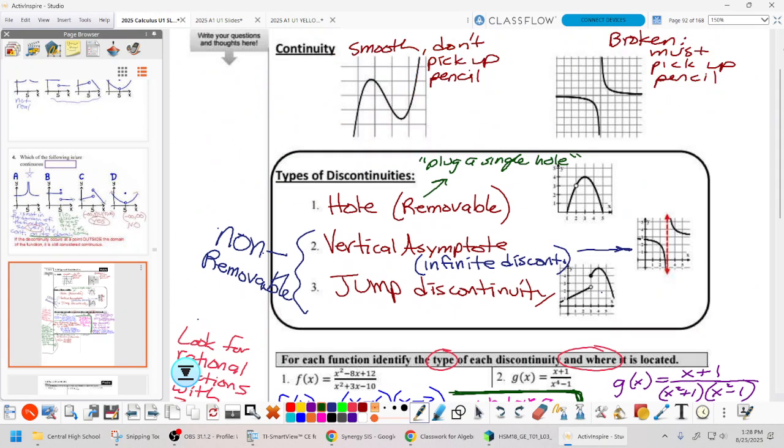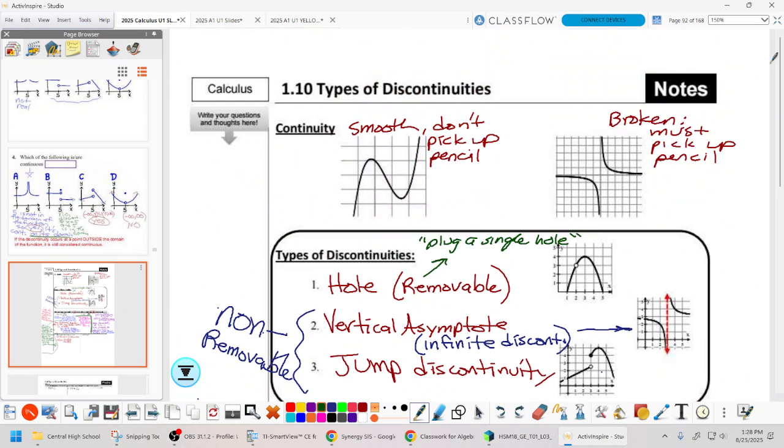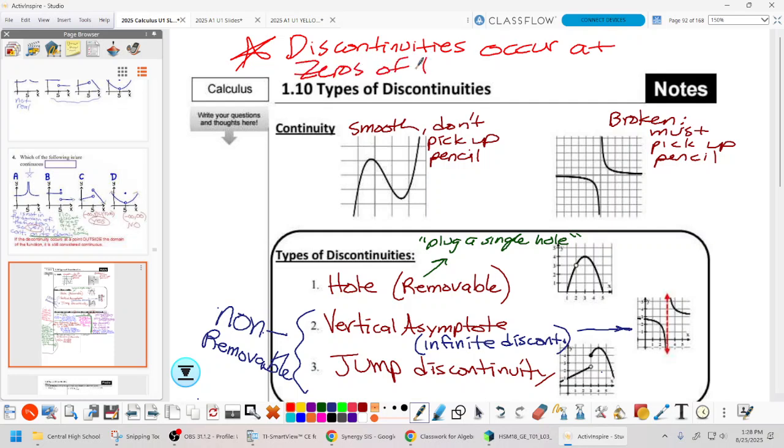Let's put this at the top of your notes, we can't have this lost. If you get anything from this lesson, this is it right here. So I'm putting it at the top. Discontinuities occur at zeros of the denominator.